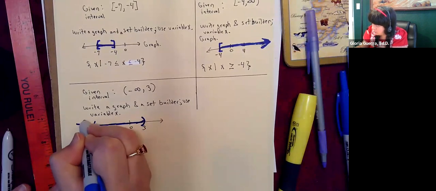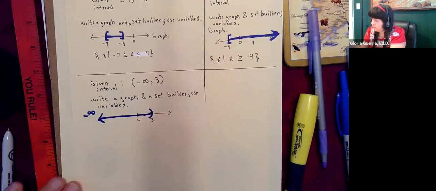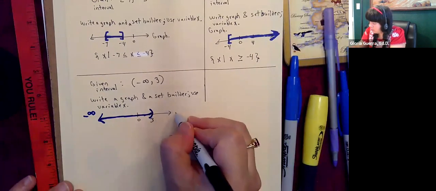That's reflective of negative infinity. So there's my graph.